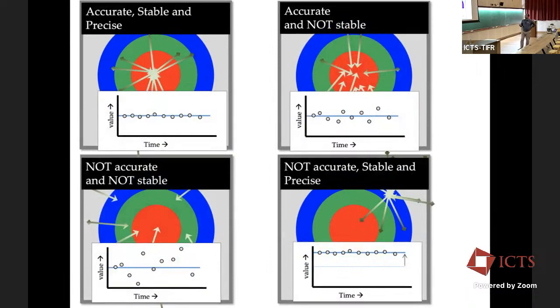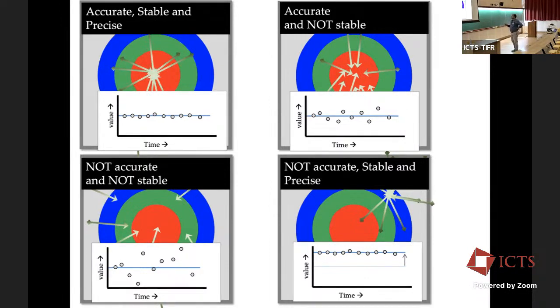For example, here this blue line is the true value. What is the true value, you understand, right? It is the actual expected value, not the mean average of the measured values. In this case, all your data points are nearly across the true value.